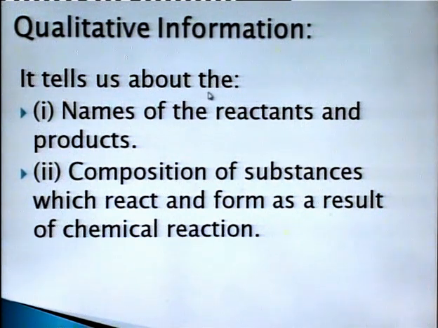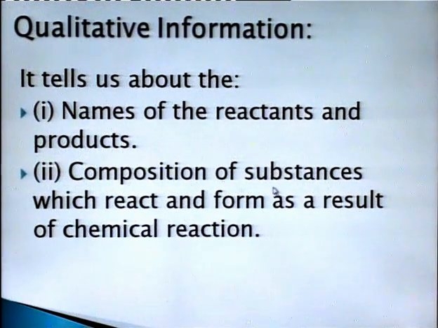It tells us about the names of reactants and products. So if we see a chemical equation, we will read their names. So we can get their names, that which reactants are reacting to give which kind of products. This is called a qualitative information.